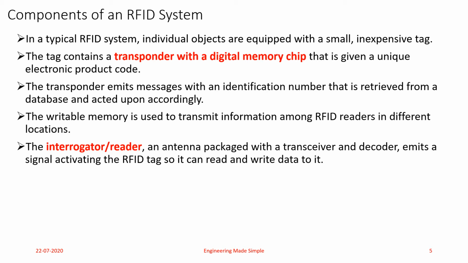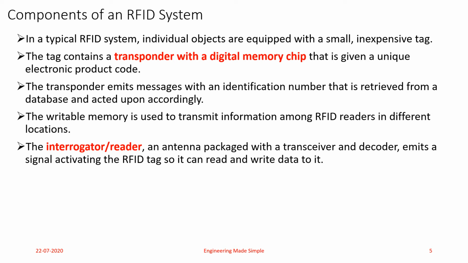So this is the main component of an RFID system, because it has the power to send the activation signal to the tag. After receiving the signal, then and only then can the tag function. Individually, a tag cannot function without any readers, because the reader always sends an activating signal to a particular tag, so that particular information can be read from a particular tag or the specific tag.